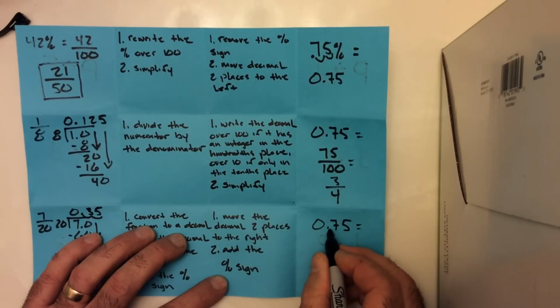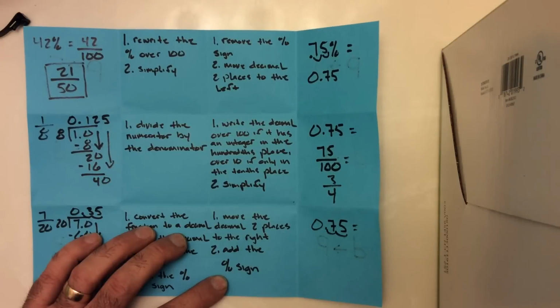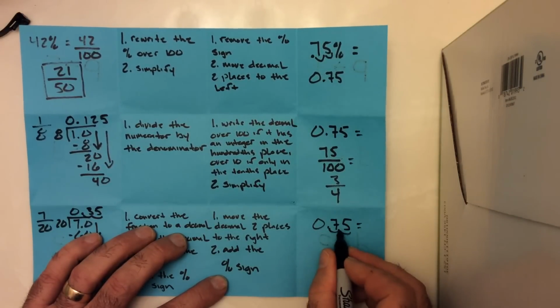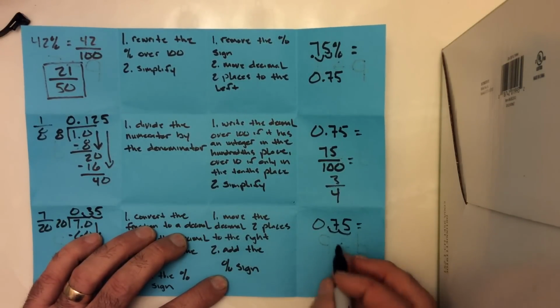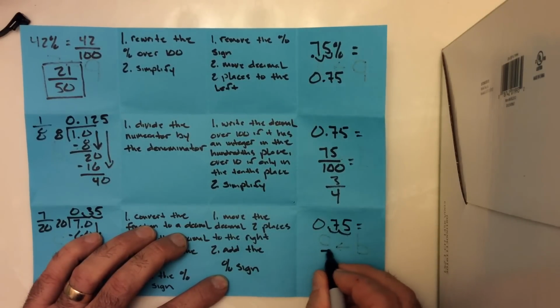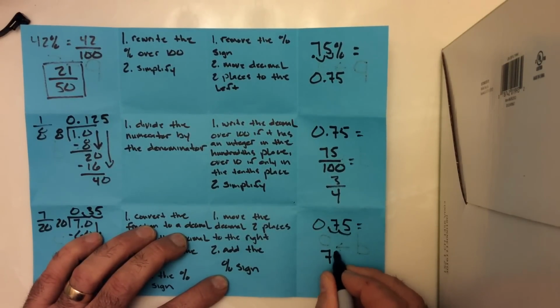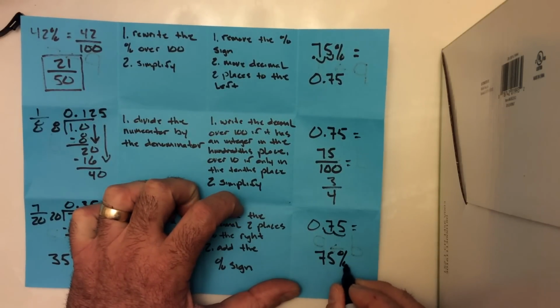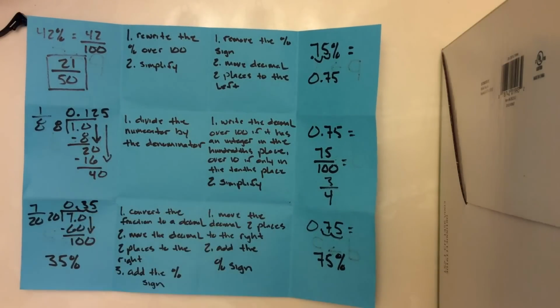We want to take that decimal, move it 2 places to the right, add the percent sign. When we move it 2 places to the right, we're actually multiplying by 100. That makes it a whole number, 75 percent, or per 100.